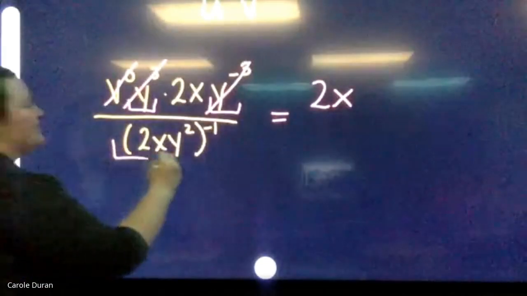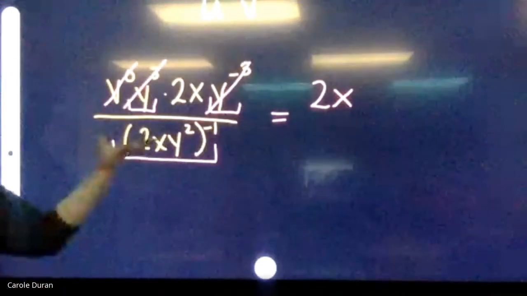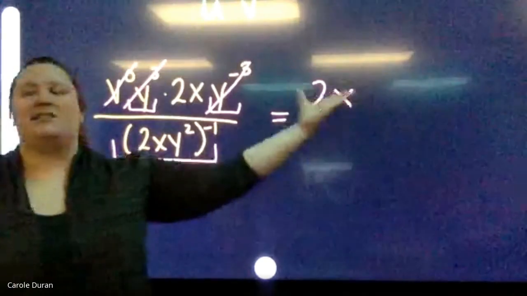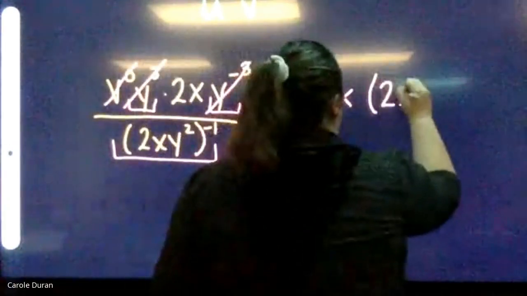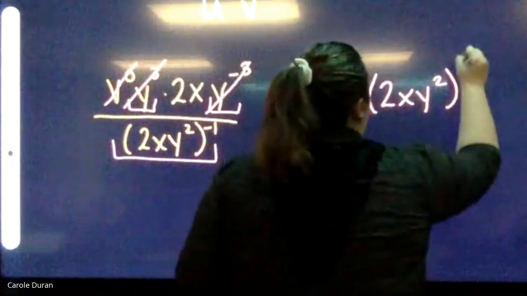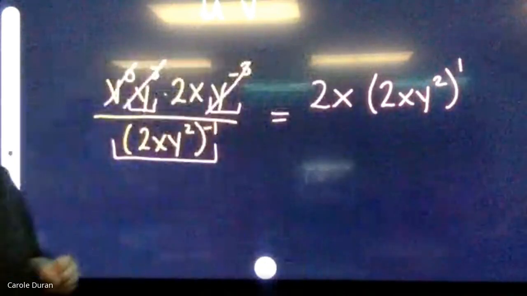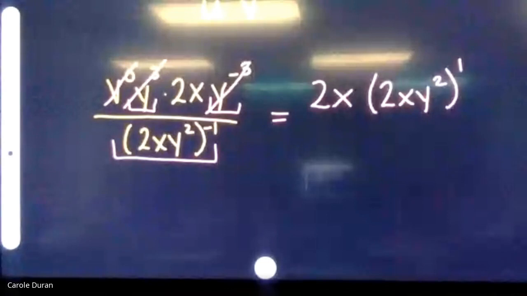So that means this entire parentheses is going to pick up and move to the top of my fraction because it currently exists in the bottom. And then it's all going to be raised to the +1 power. So I just picked that whole thing up and I moved it, and the -1 exponent became a +1 exponent.